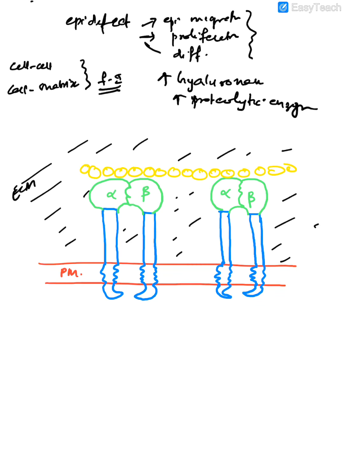Now if you see, this is the fibronectin. Fibronectin is a high molecular weight glycoprotein of the extracellular matrix that binds to integrin. This is the diagrammatic representation of an integrin, and as you can see, it is a membrane spanning receptor which attaches the cell cytoskeleton to the extracellular matrix.